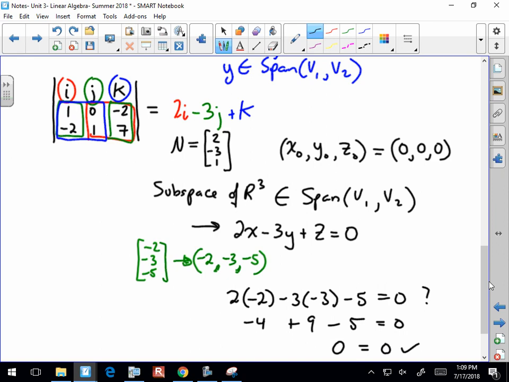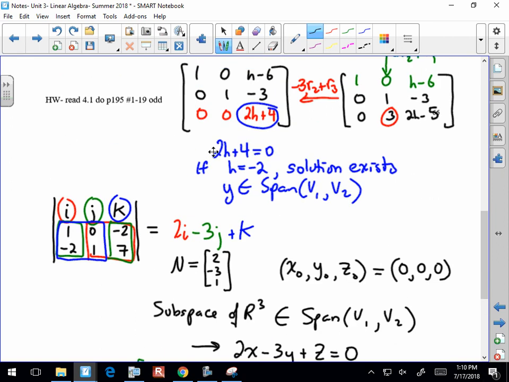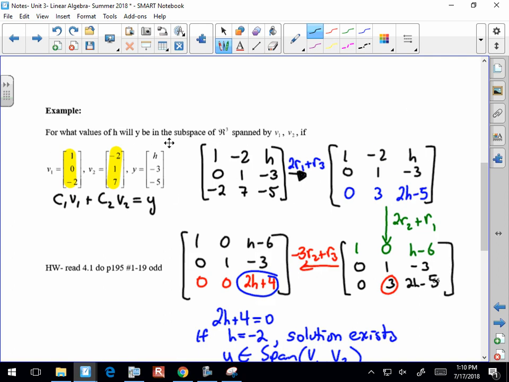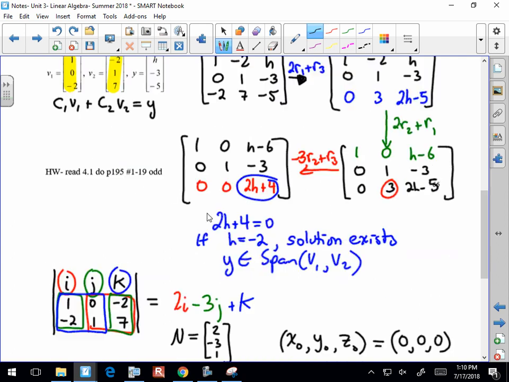Because by definition of a subspace, the first condition is it has to contain the zero vector. And if it has a zero vector, it has to have the zero coordinate. It has to go through the origin. Where did the negative 2 come from? Once we solved for the H here, I just went back to vector Y and backfilled it in.